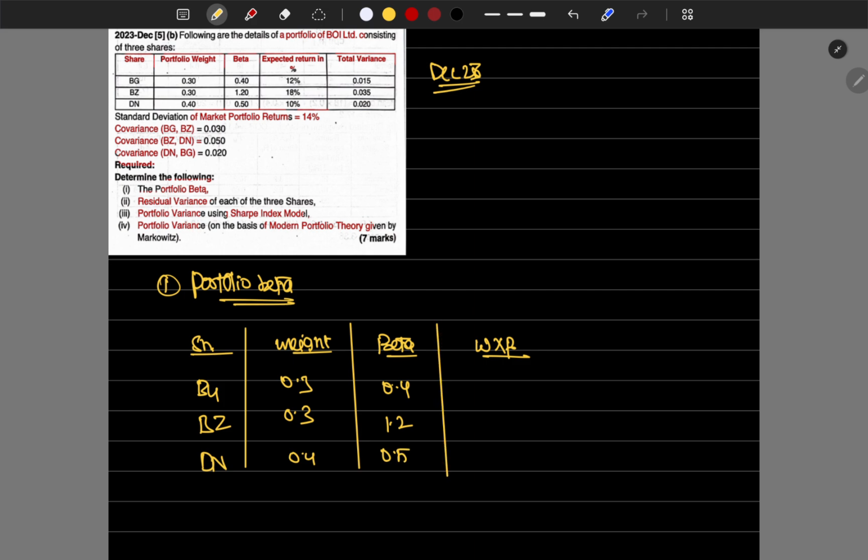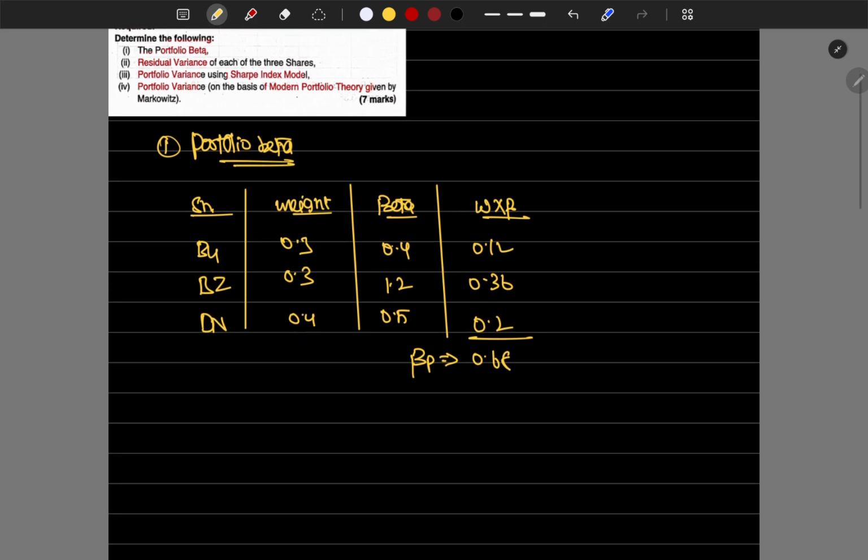Let's multiply both of these. 0.3 into 0.4 is 0.12, 0.3 into 1.2 is 0.36, 0.4 into 0.5 is 0.2. Total is 0.12 plus 0.36 plus 0.2, which is 0.68, the portfolio beta. We found the first one within a span of minutes.